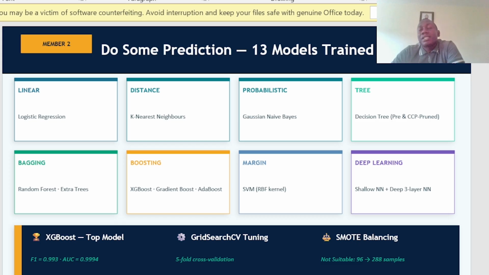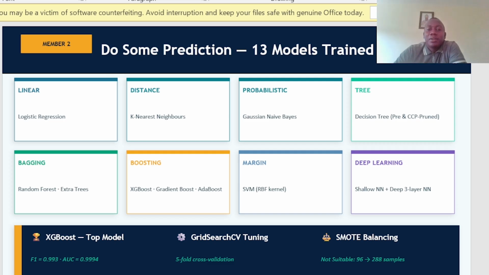Because our data was imbalanced, about 75% suitable and only 25% not suitable, we applied SMOTE to the training data. SMOTE created synthetic minority class samples, increasing the not suitable class from 96 to 288 training samples. We evaluated every model on a held-out test set using 12 metrics.